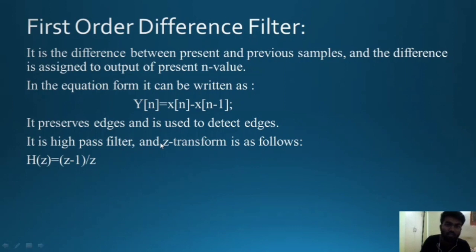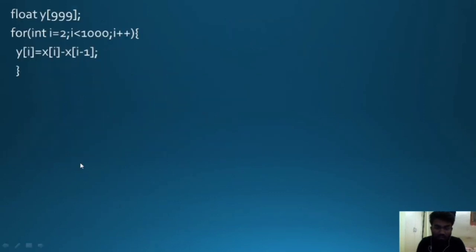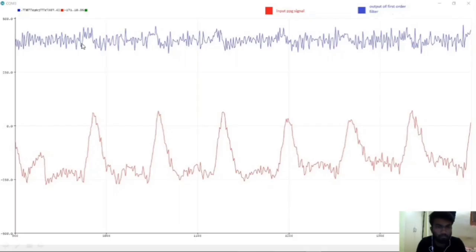Now the first order difference filter is nothing but the difference of the present input and the past input. It preserves the edges and is used to detect edges. It is a high pass filter, and the Z transform of this filter is as follows: H of Z equals Z minus 1 by Z. And this is the mathematical representation of this filter, and this is the following graph.